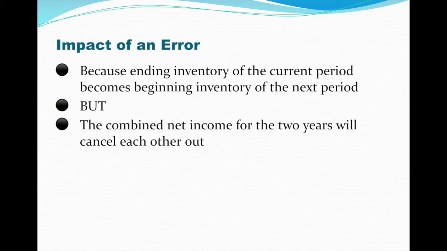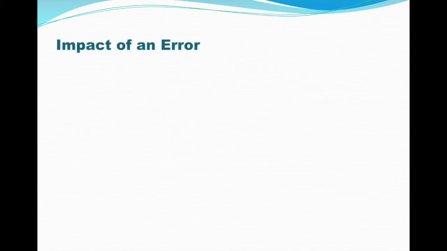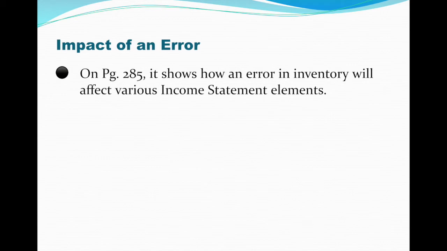And despite the fact that errors in inventory often work themselves out over a long period, not always, but often, that doesn't mean that they don't need to be corrected. So page 285 is all about income statement stuff.